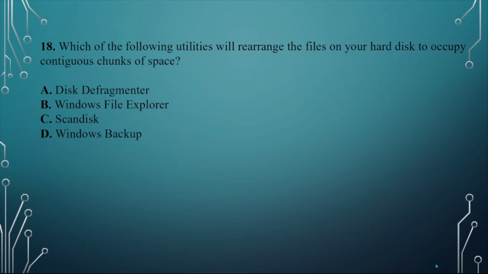Question number 18. Which of the following utilities will rearrange the files on your hard disk to occupy contiguous chunks of space? A. Disk defragmenter, B. Windows File Explorer, C. Scan Disk, D. Windows Backup.